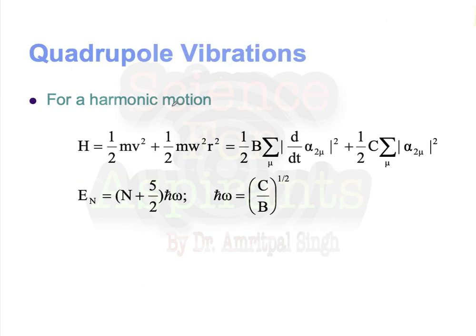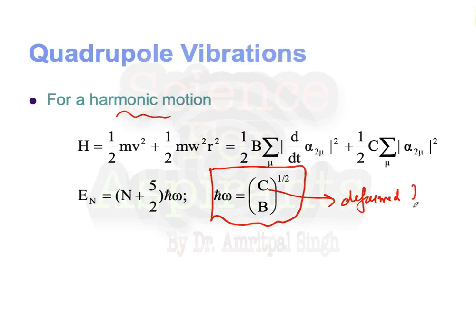From that we have considered the harmonic motion or harmonic oscillator model, and they found that the angular frequency depends upon these two parameters. The B parameter is known as the deformation parameter, which tells how much deformation can happen, and it is related to the kinetic energy of these nucleons.